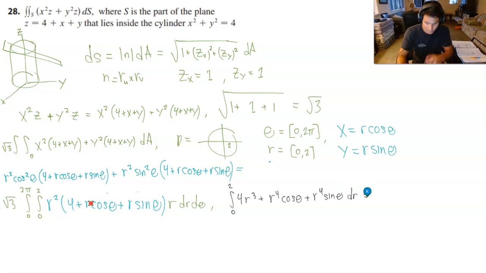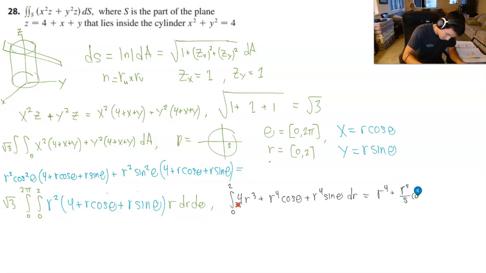And if I integrate correctly, it's going to become what? Well, this would be raised to the 4th divided by 4, so it's just going to be r to the 4th plus r to the 5th cosine theta, and then plus r to the 5th sine theta from 2 to 0.